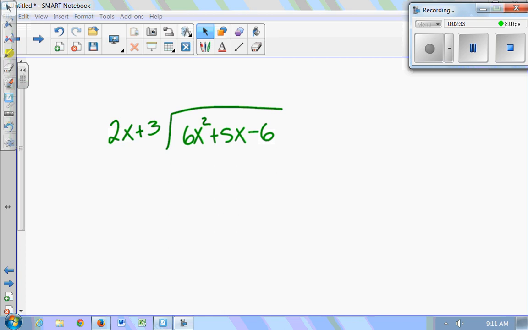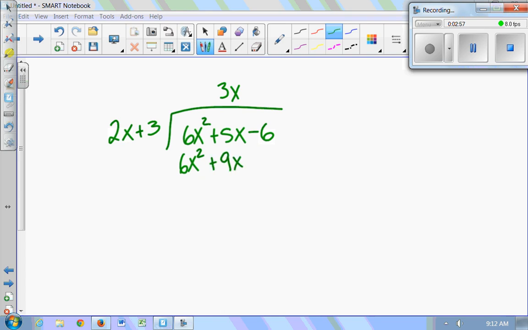So 2x times 3x gives you 6x squared. So I'm going to put a 3x right here, lining it up over its like place value. Then you multiply, just like with regular long division. I'm going to take that 3x and multiply it by 2x plus 3. So I have to multiply it by both pieces. So 3x times 2x is 6x squared. 3x times 3 is 9x.